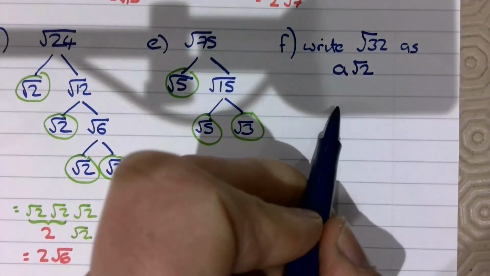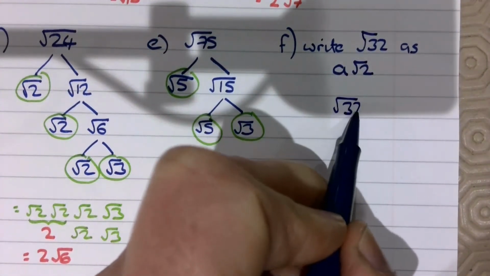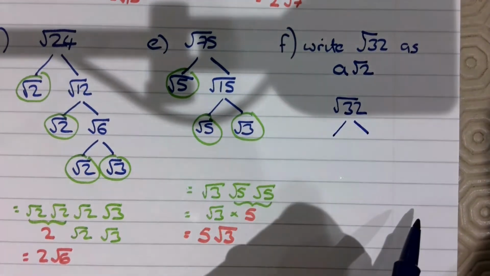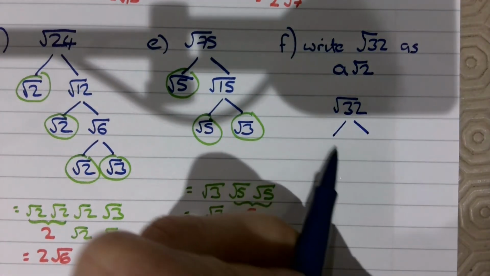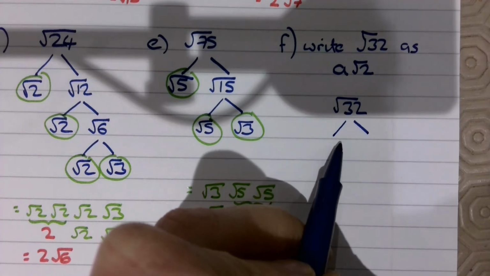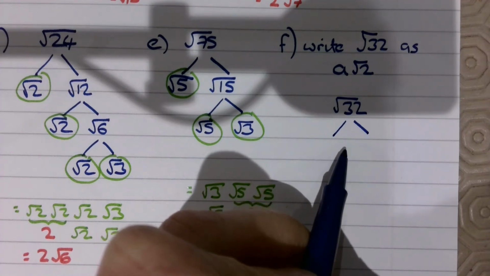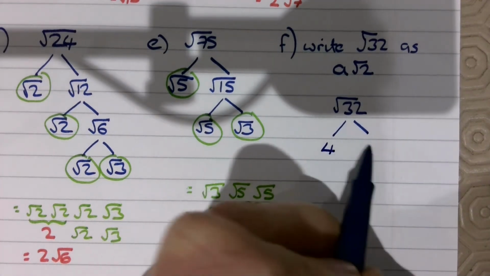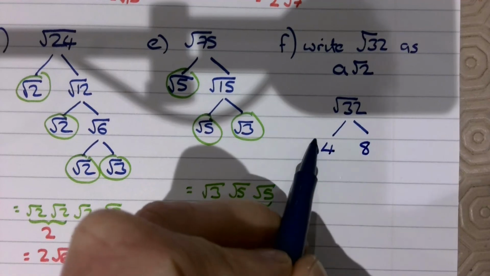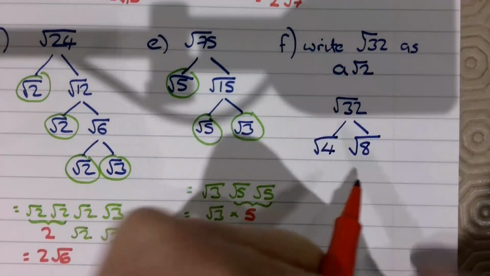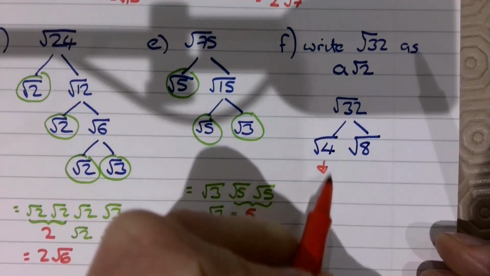So let's write the root 32 then. Let's break that up, and there are many ways we can do this, but let's say it's going to be 4 times 8 is 32, isn't it? So 4 times 8. Okay, so square root of 4, square root of 8. Well, we know what the square root of 4 is, because that's just 2.